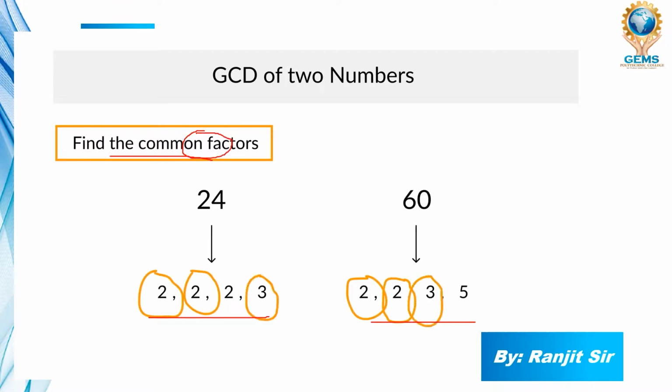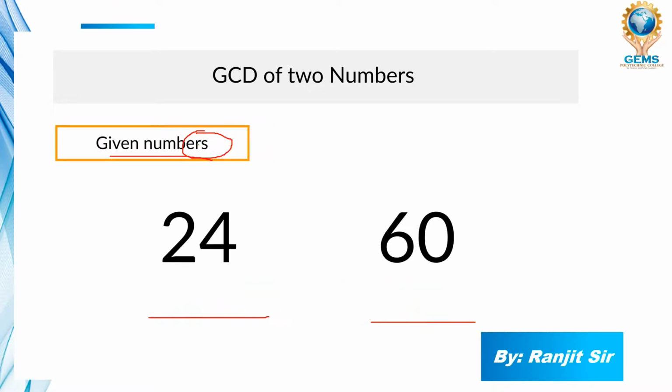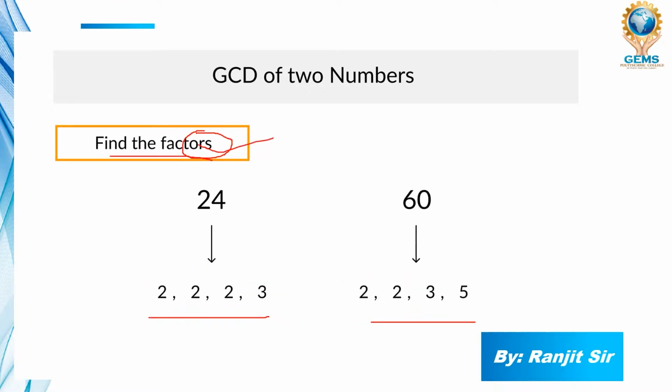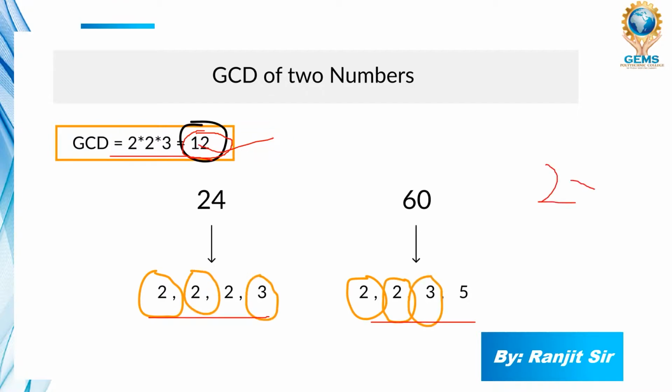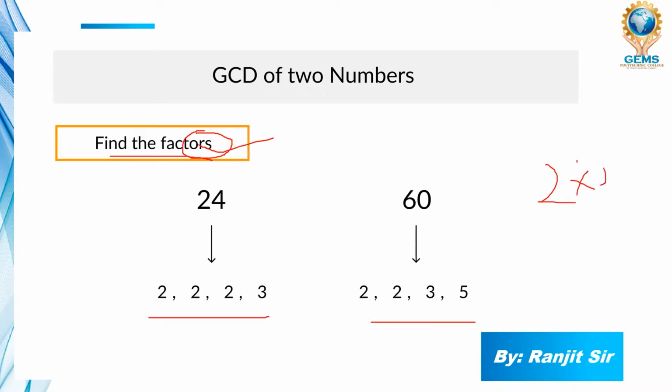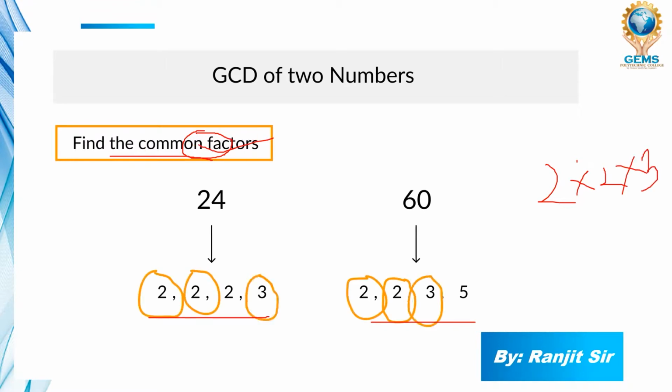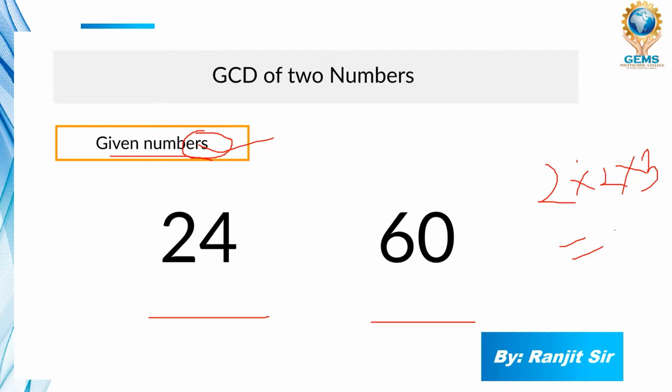This 12. See here, 2 into 2, here 2 is one factor, times 2 another factor, times 3. So this is 12.